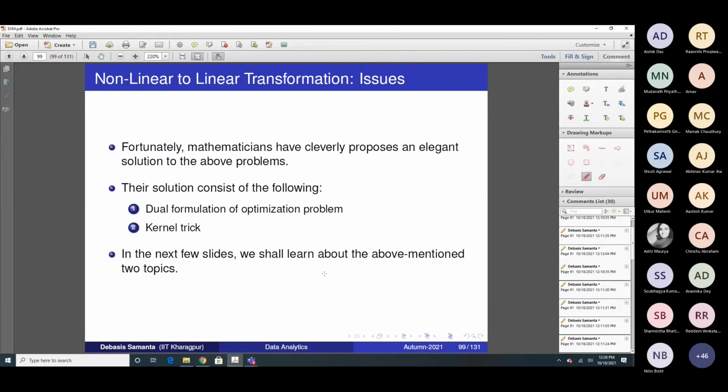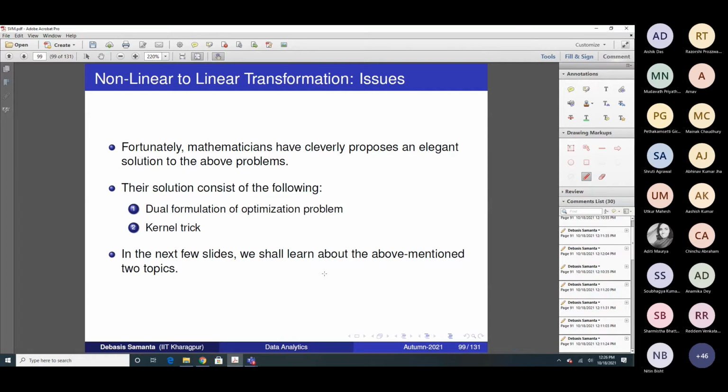Now for the same Lagrangian, we can have a dual formulation. That is what I want to say: a dual formulation. Then what is the relation between the primal formulation and the dual formulation? As I said, maybe one is the negative of the other, or maybe one is the reciprocal of the other, whatever. Now the concept is how the dual formulation can help solve a problem.